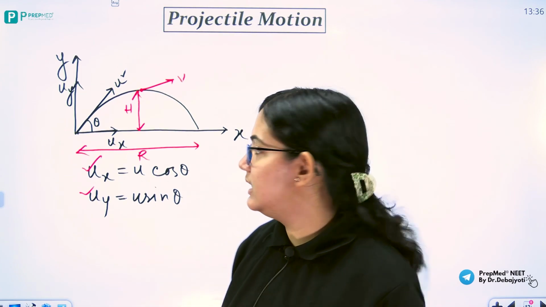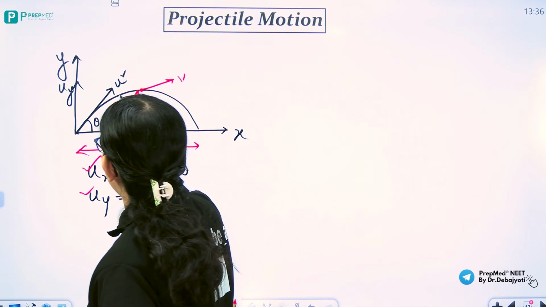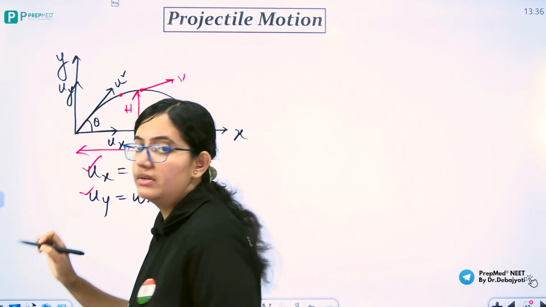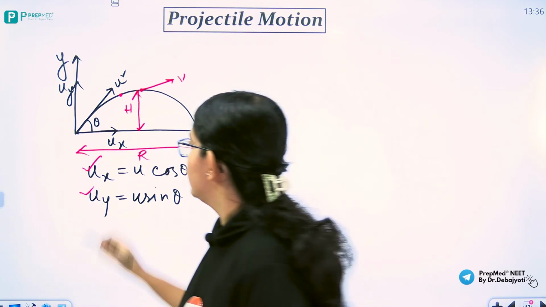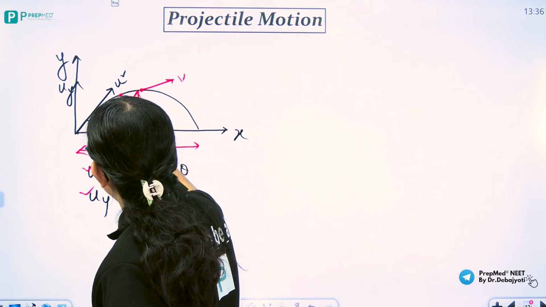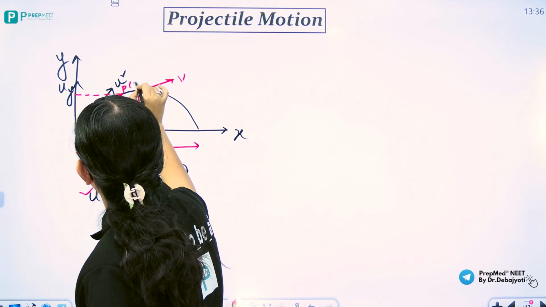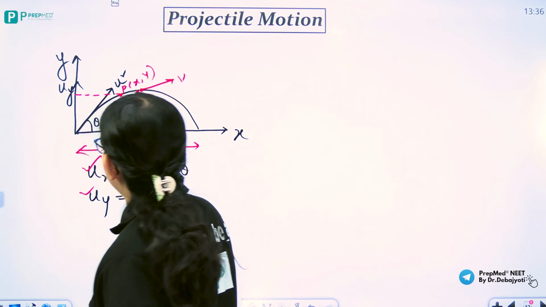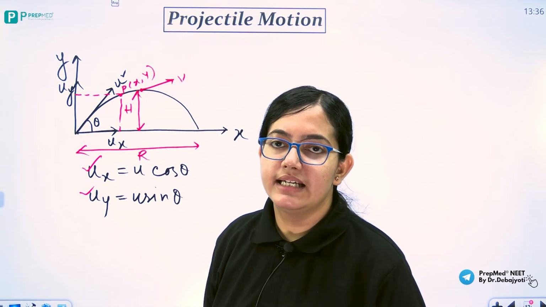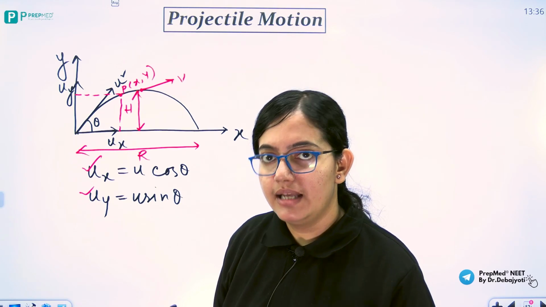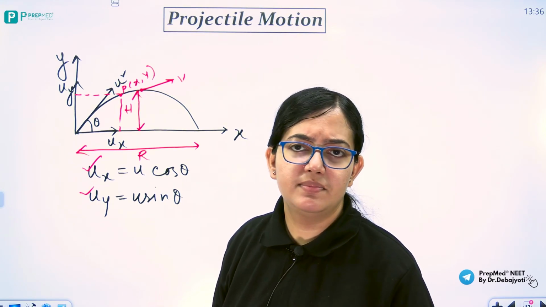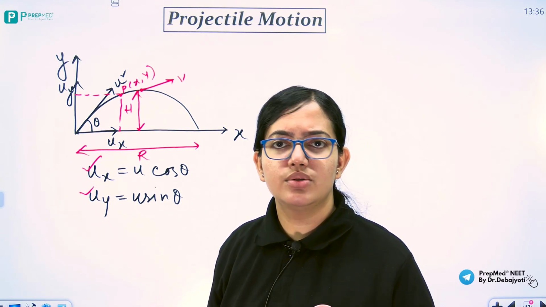If the point is at this point, it will have some coordinates, say p with coordinates x and y, where x is the displacement along the x-axis and y is the displacement along the vertical y-axis.